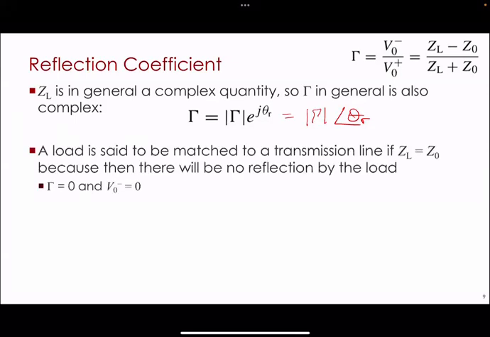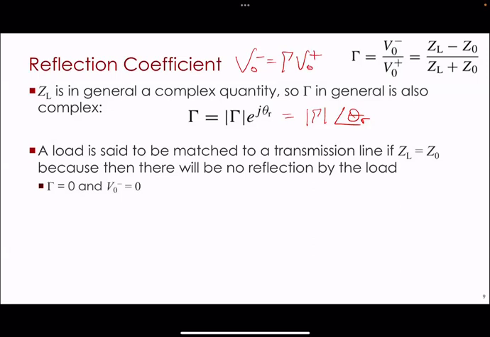Let's look at the equation and imagine ZL equals Z naught. Gamma equals 0, and if gamma equals 0, we already saw that V0 minus equals gamma times V0 plus.